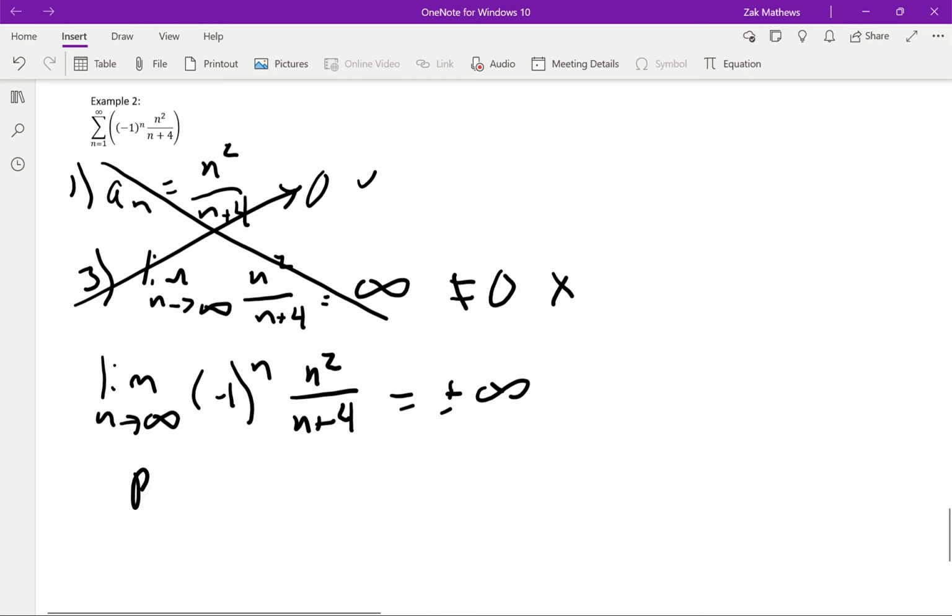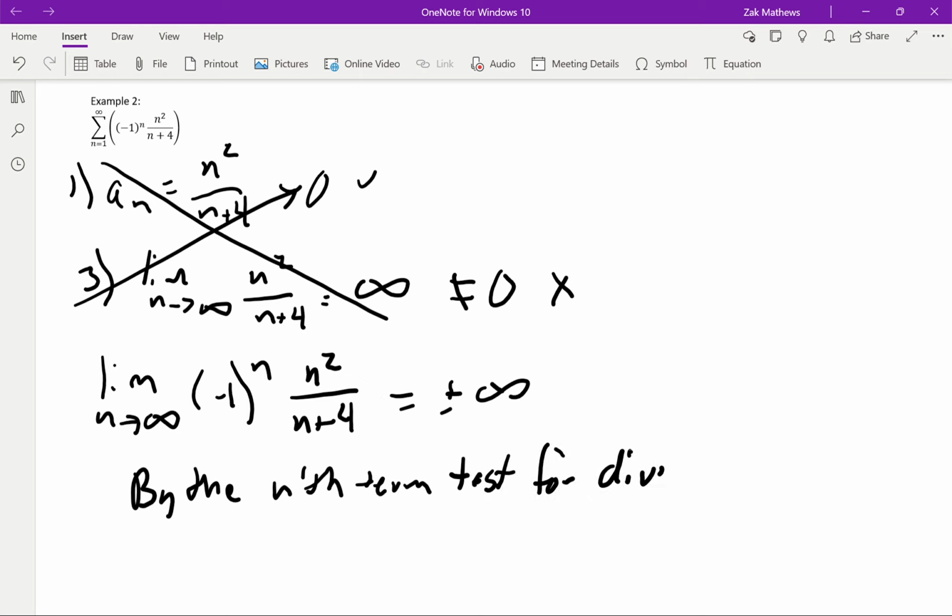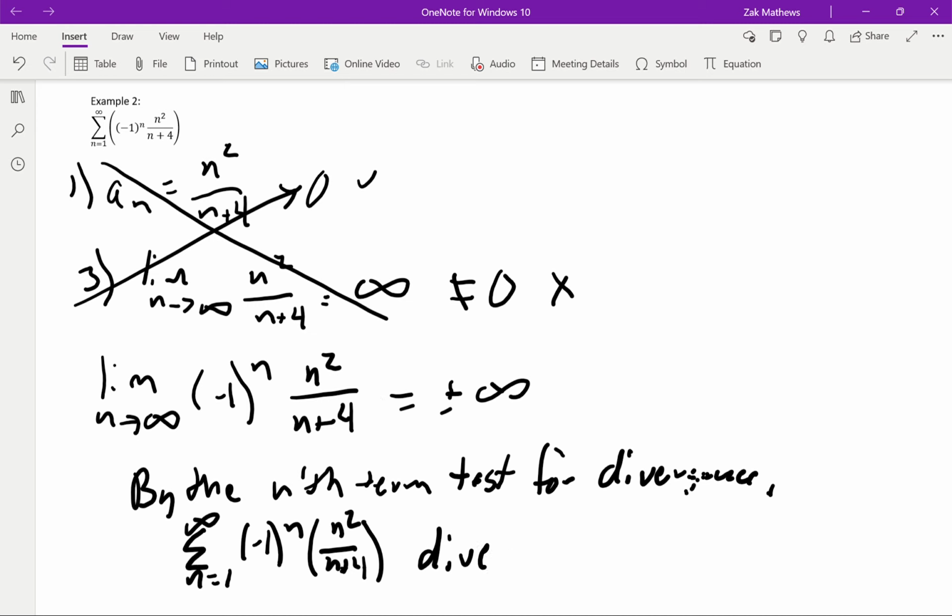And so by the divergence test, or the nth term test for divergence, the series n equals 1 to infinity of negative 1 to the n times n squared over n plus 4 diverges. Easiest test there is.